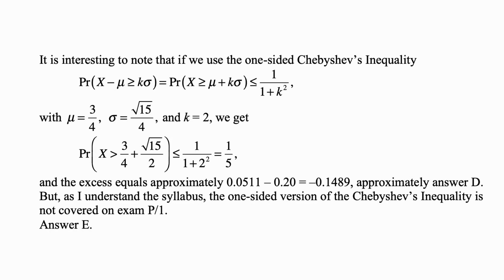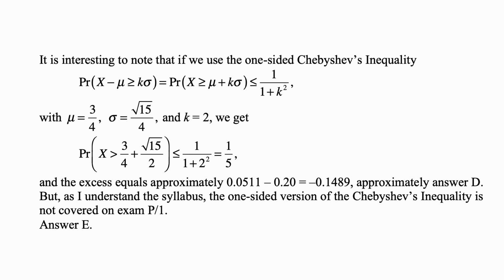And by the way, it's interesting to note that if we use the one-sided Chebyshev's inequality, which says the probability that x minus mu is greater than or equal to k times sigma, the standard deviation, or the probability that x is greater than or equal to mu plus k sigma is less than or equal to 1 over 1 plus k squared, with mu equal to 3/4, sigma equal to square root of 15 over 4, and k equal to 2, we get a probability that x is more than 3/4 plus square root of 15 over 2 to be less than or equal to 1/5.